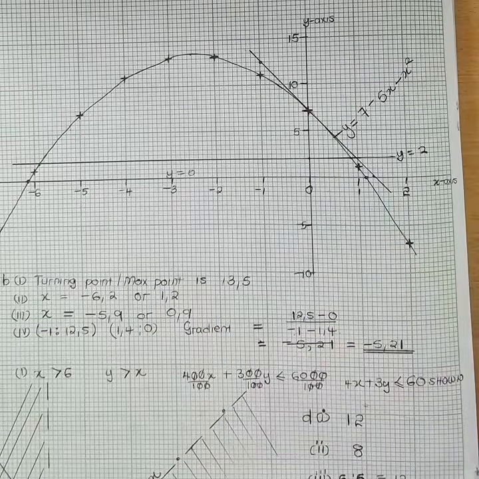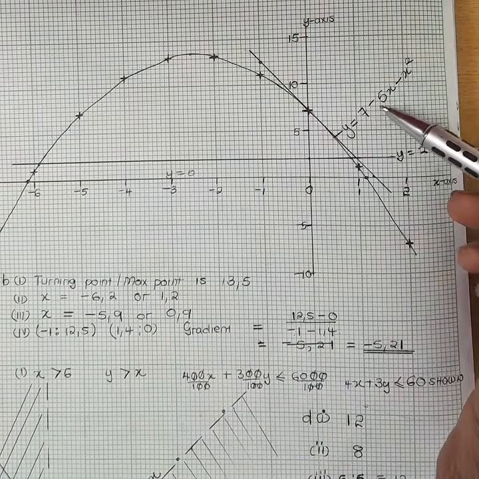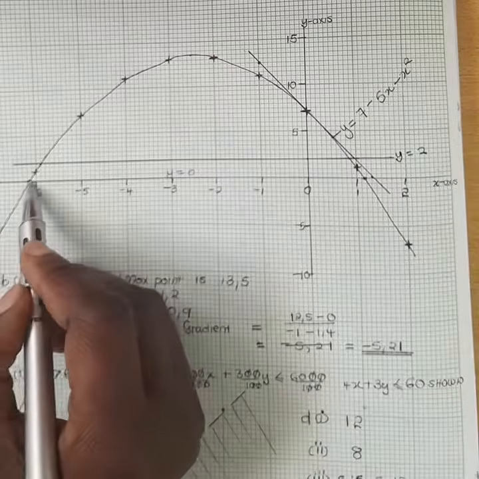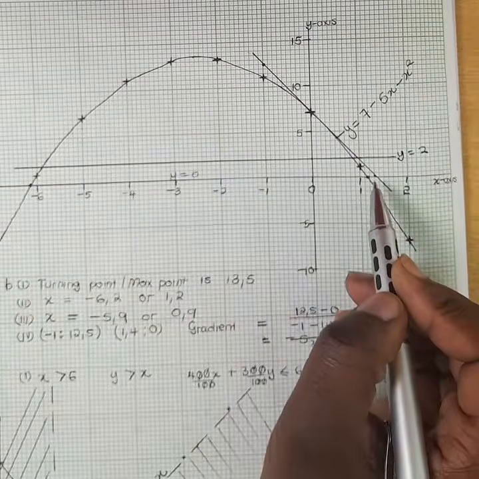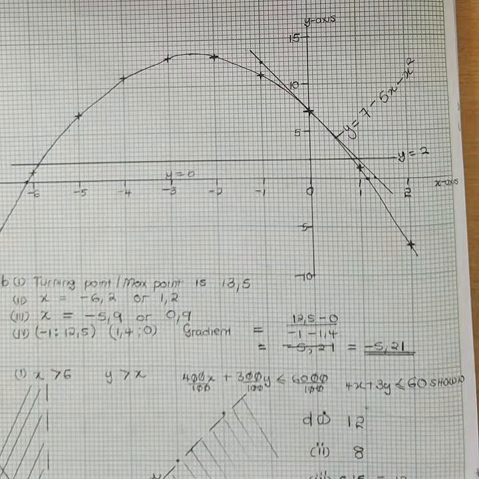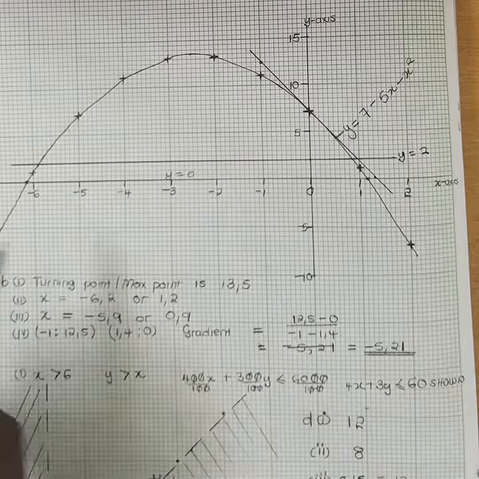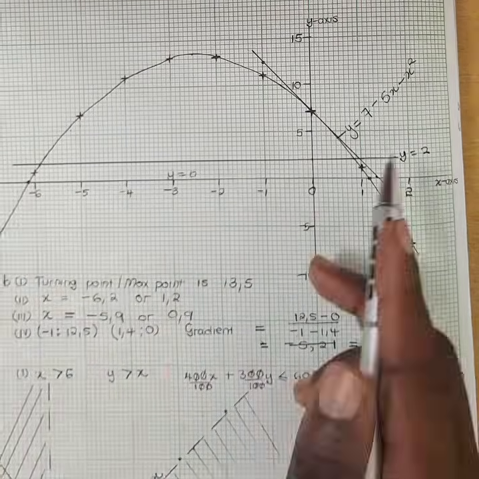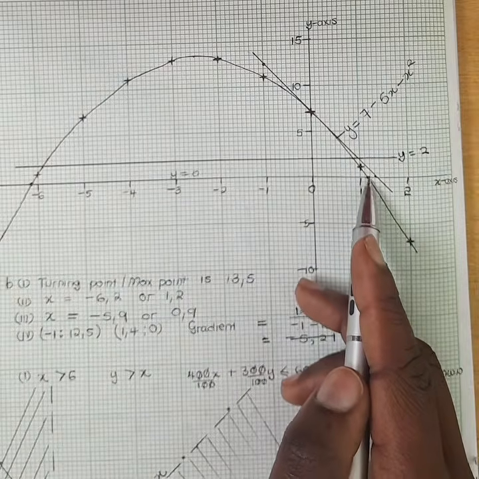It is intersecting with y equals 7 minus 5x minus x squared at this point and also at this point. So we are going to write the x coordinates where the two lines are intersecting. Here they are intersecting at minus 6.2 and here at 1.2.